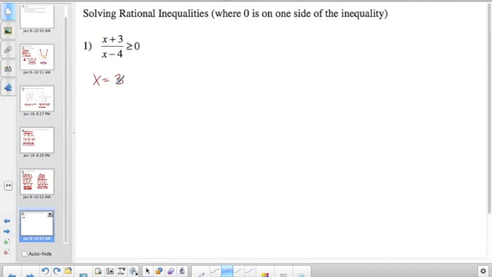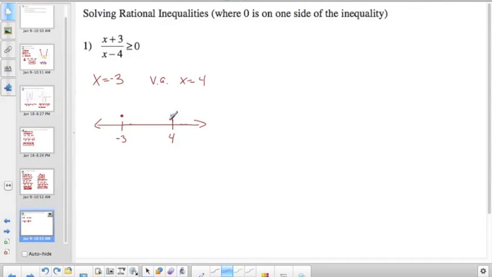And then we have a vertical asymptote at x equals 4. So those will be the 2 points in my sign chart. So I have -3, and that's a 0, so I'm going to fill that in. And then I have +4. Remember, that's a vertical asymptote, so I can't include that in my solution, so I want to make sure that I put the x there.